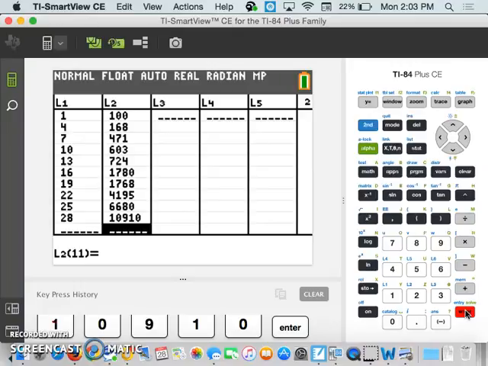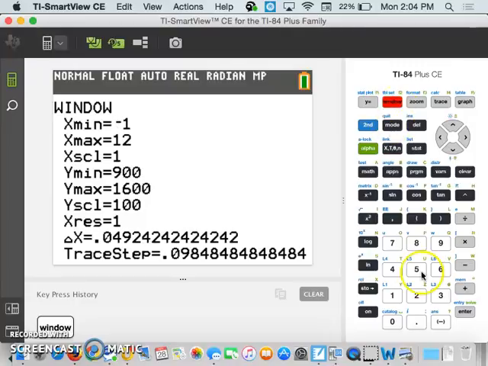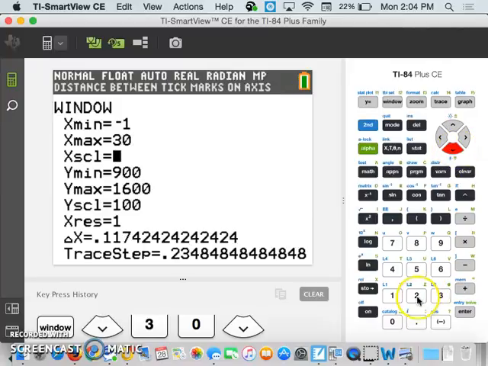And then what I want to do is try and look at a scatter plot. So I take a look at my values in L1. I'm going from 1 to 28. So my x's should maybe go from -1 up to, say, 30. And counting by 1s might be a little much, so I'll count by 2s.